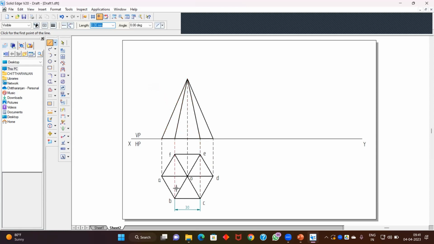This is the front view and this is the top view. So give the names. a dash, b dash with square bracket f dash.